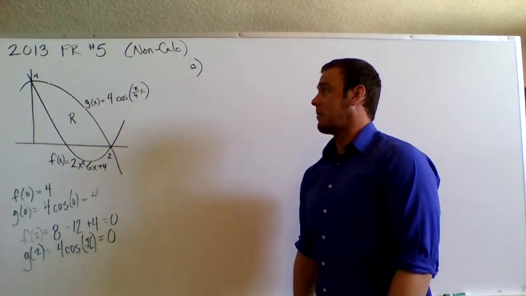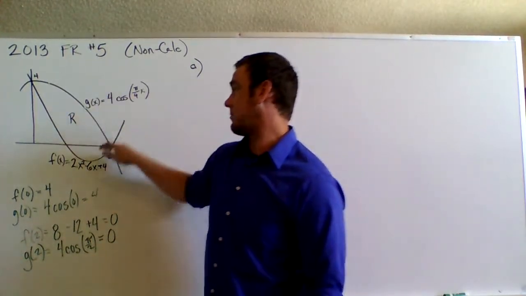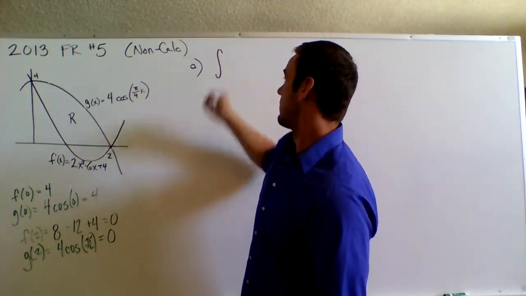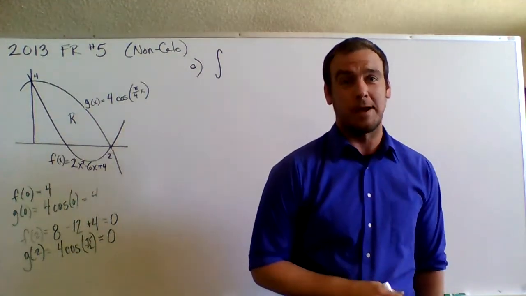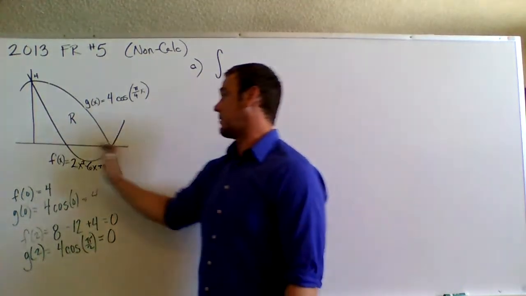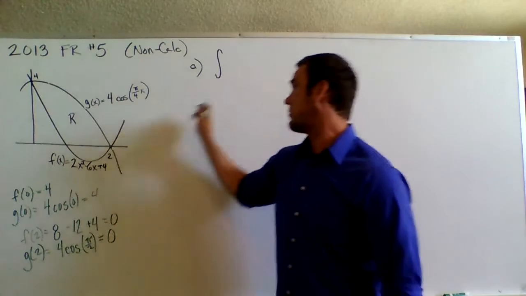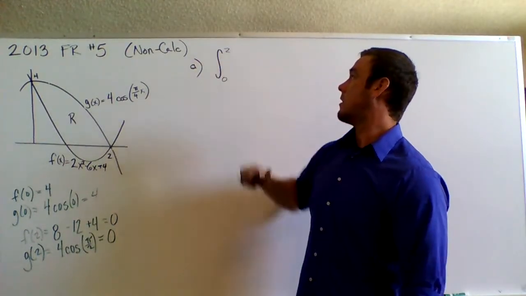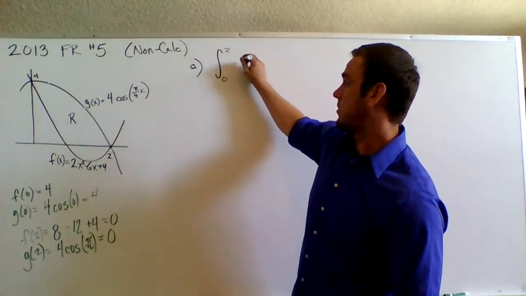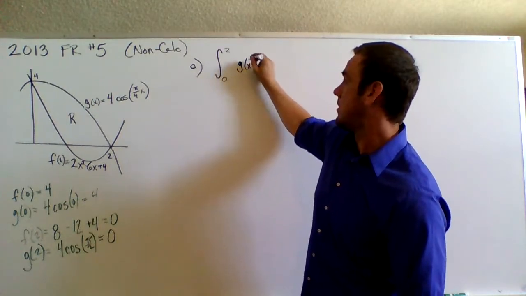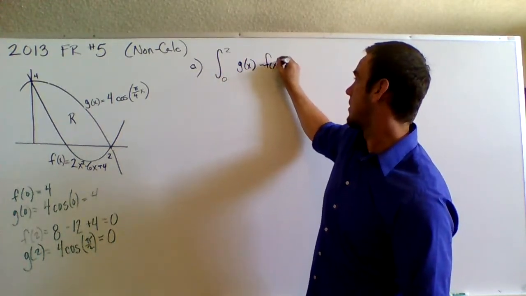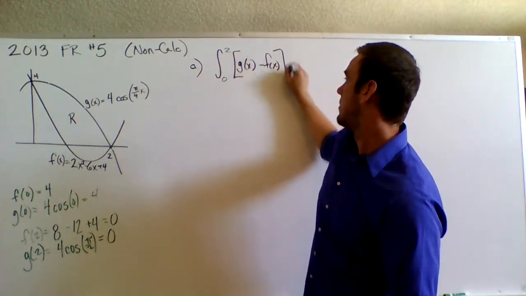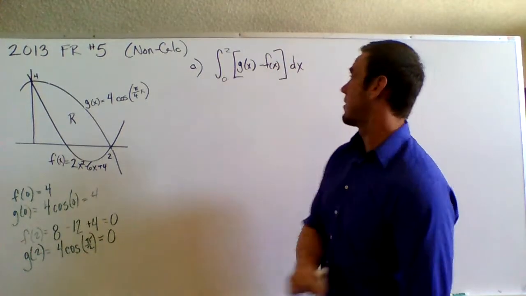It's really just going to be top minus bottom. If we're doing top minus bottom, it's going to be with respect to x. So I'm going to integrate from 0 to 2. Top minus bottom is just going to be g of x minus f of x dx.